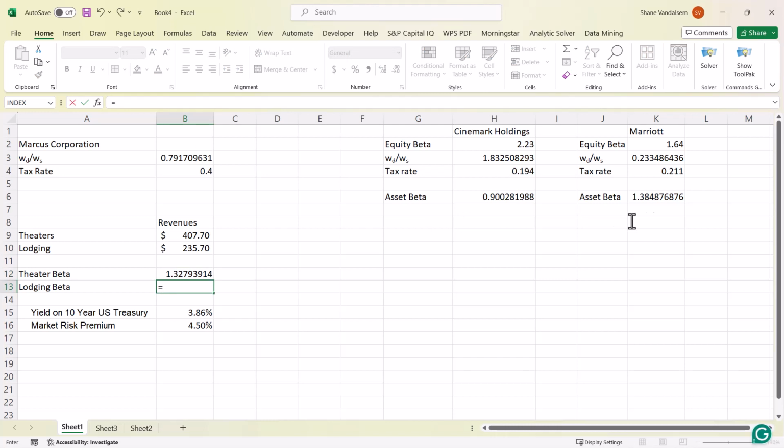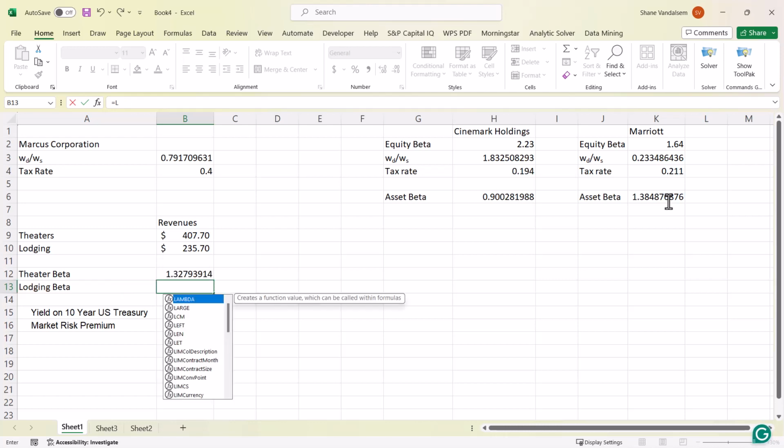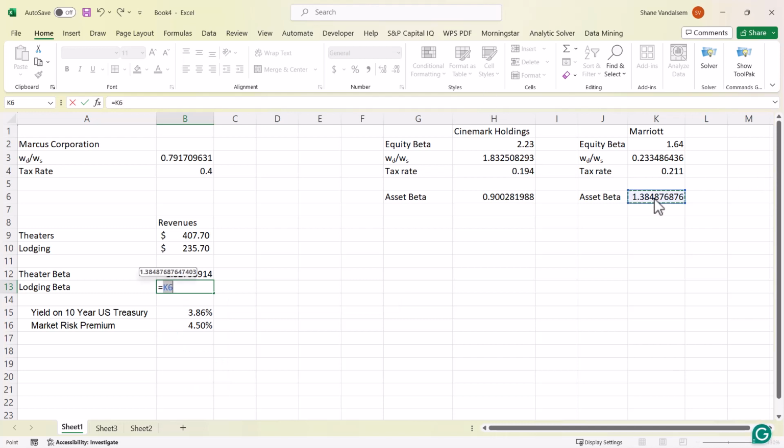And then we get a lodging beta equal to, again, we're going to take the pure play here, the asset beta from Marriott. So I'm going to take the asset beta for Marriott multiplied by 1 plus, and then open parentheses again, 1 minus the tax rate, multiplied by the weight of debt divided by the weight of equity, and then close parentheses.